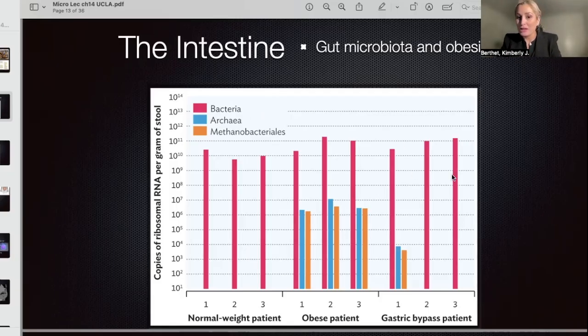Looking at patients who have had a gastric bypass, most of them only have bacteria after the bypass. We see some of them have the archaea and methanogens, but in a lower percent than the obese patients. So this makes us think that methanogens, archaea may be playing a role in obesity. So let's look into that.